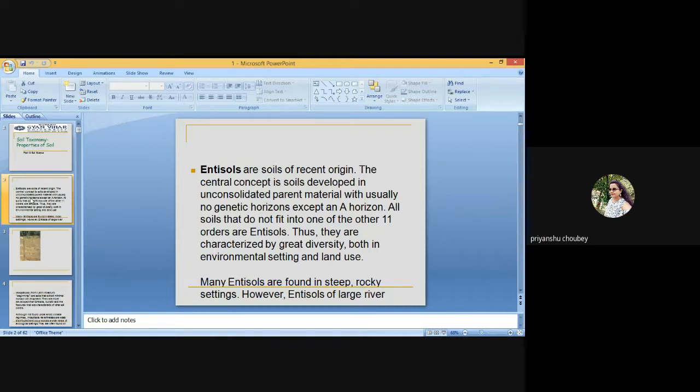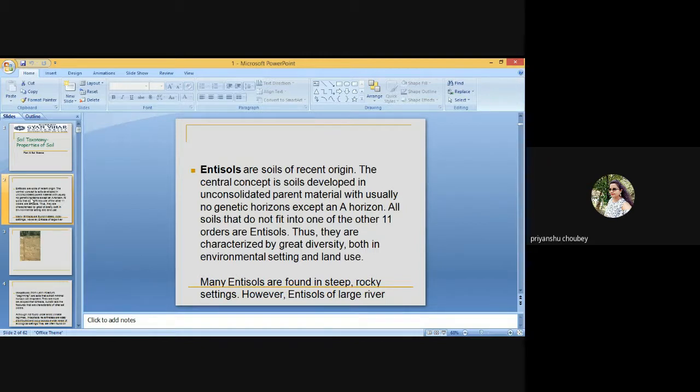In short form, we can remember them with a compound word, based on morphology, the presence or absence of a major diagnostic horizon.